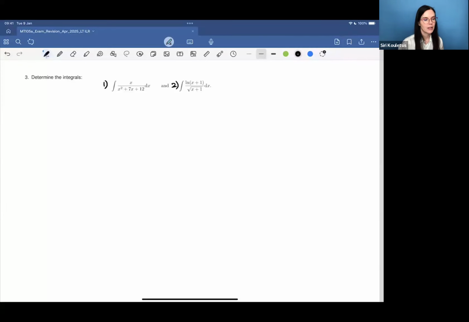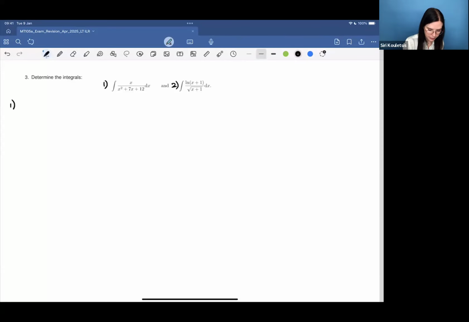Let's see if you can think of what method is appropriate here and how we need to approach this question. And perhaps you're thinking of partial fractions. And indeed, that's what we are going to do.